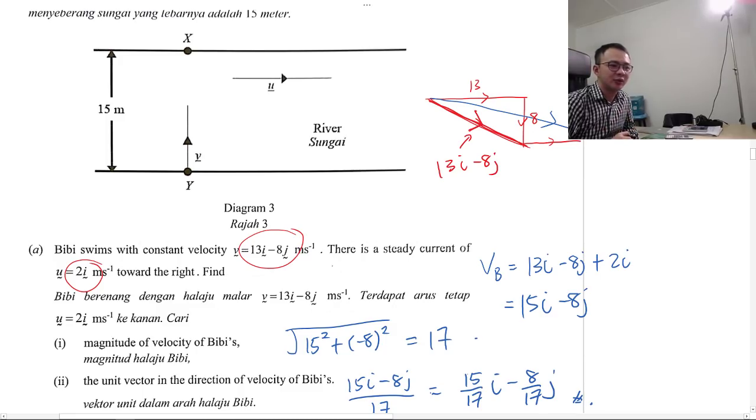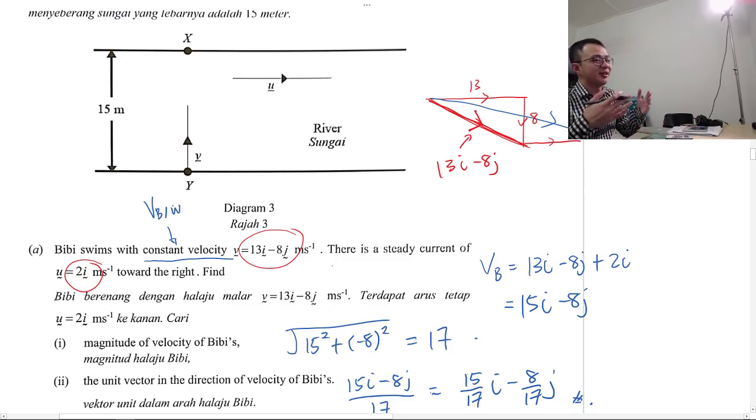Okay, why is the velocity of PP u plus v? Because in order to get it, I guess this constant velocity is the velocity of PP relative to the water.